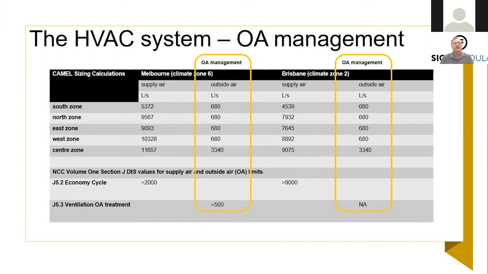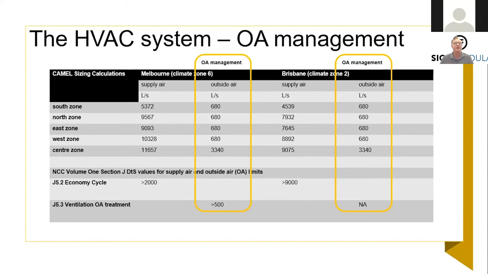For the outside air management, so either CO2 or heat recovery ventilation, for Brisbane, you do not need any outside air management control on climate zone 2.